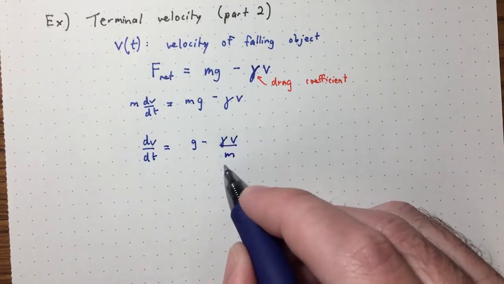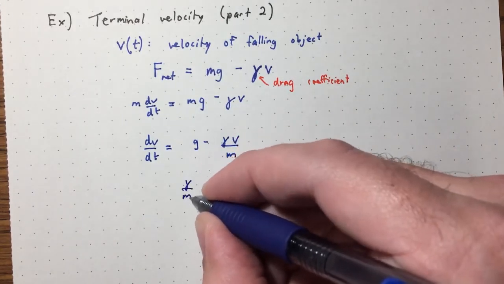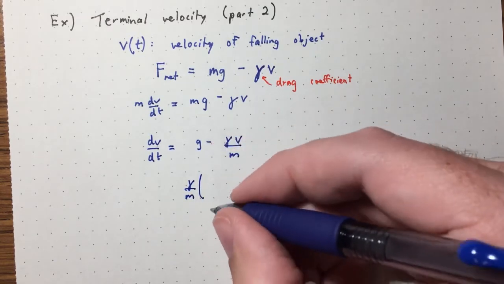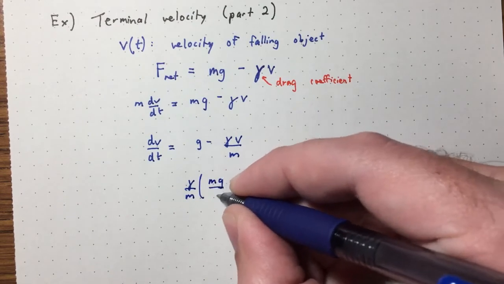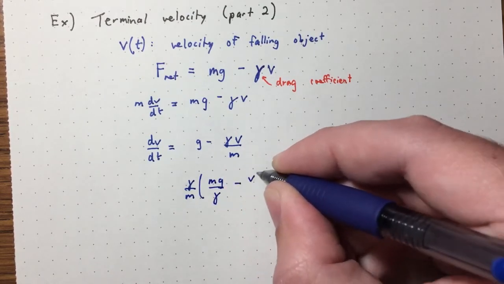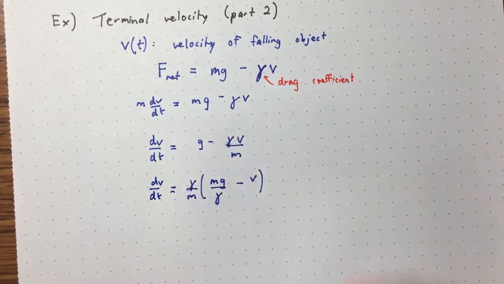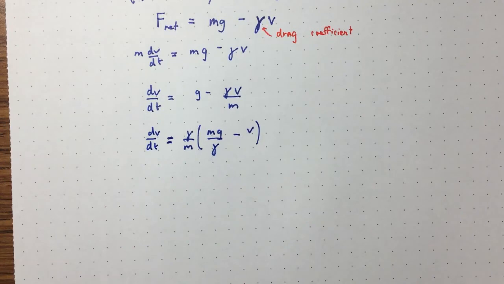In other words, I don't want any coefficient on the v. So I'm going to pull this coefficient out. And so what do I get over here? This is now gamma over m times (mg over gamma minus v). So all I'm doing is rewriting it, just because it makes it a little bit clearer to see what's going to be happening.